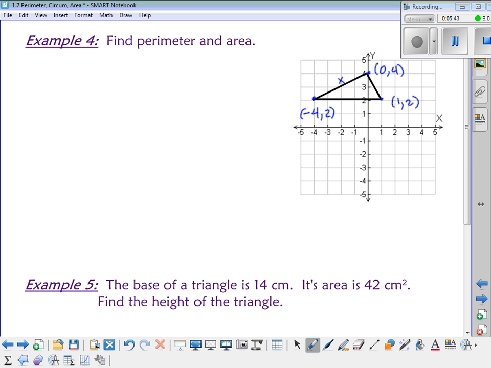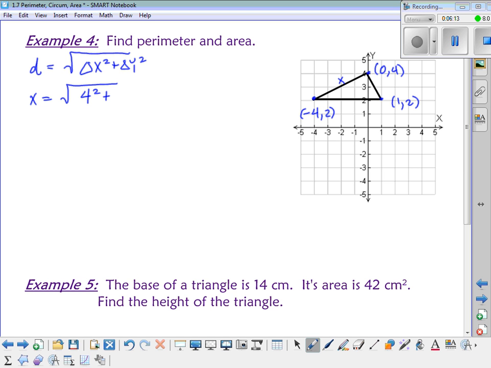You recall that to find the distance between 2 points, or the length of a line segment, we use the distance formula, which is just the square root of the change in x squared plus the change in y squared. So if I want to find the length of the segment that I've labeled x, well, if I'm going from negative 4 to 0, I changed a distance of 4.